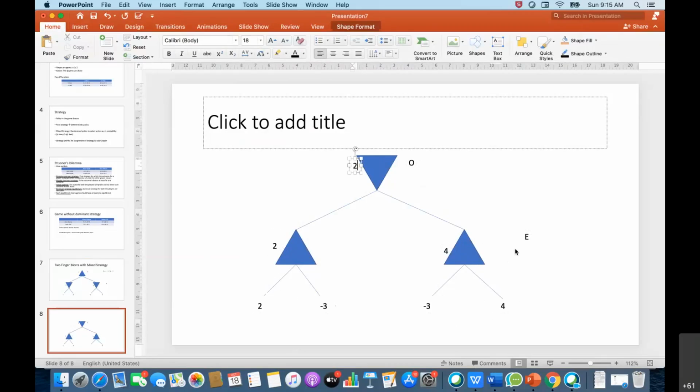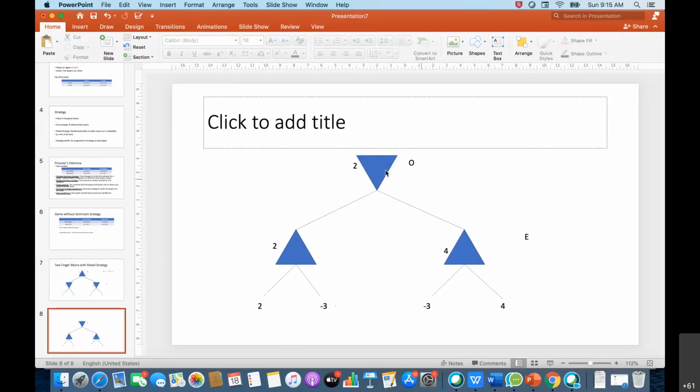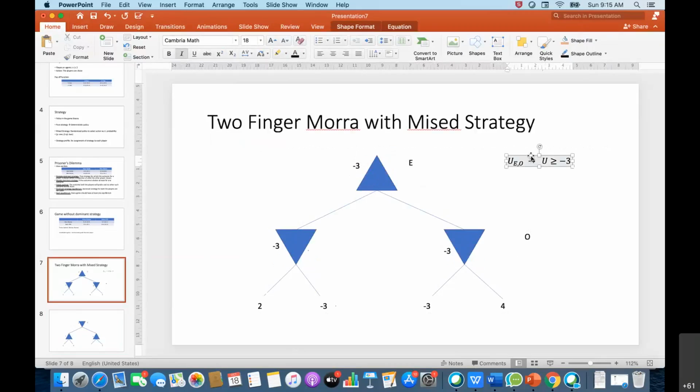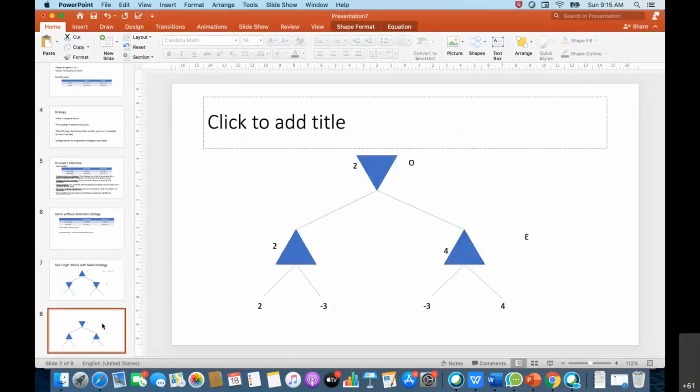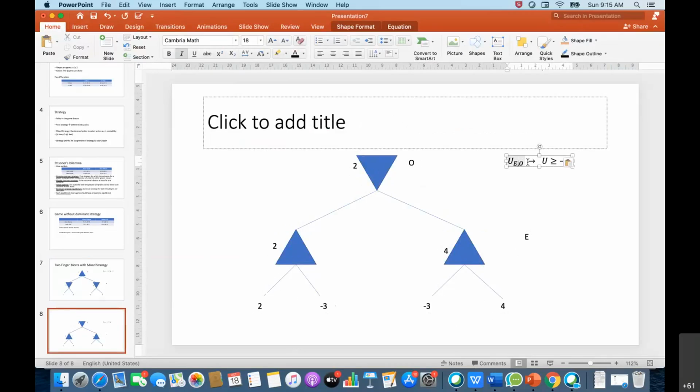Here the max operation is being carried out and here the min operation. Therefore, we conclude that here instead of UEO, it becomes UOE, and we can say that the value of utility should be less than or equal to 2.